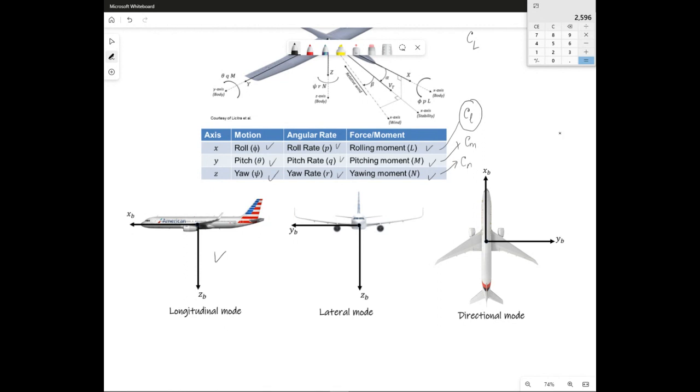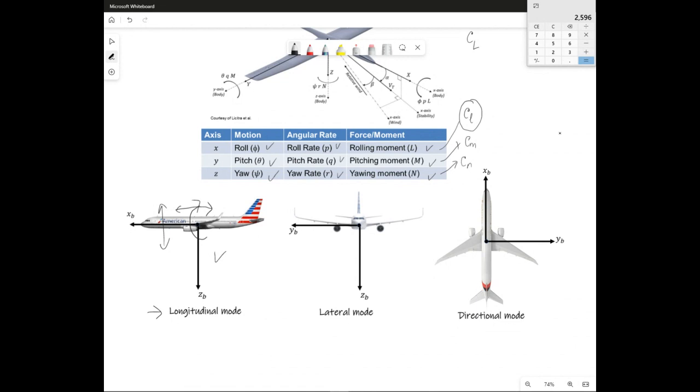If the aircraft makes some acceleration or deceleration, or moves up and down in terms of changing altitude, and we also talk about its moment around its CG, in this case that is related to the pitching moment. So this is about the pitching moment, and this has to do with the longitudinal stability mode, right?